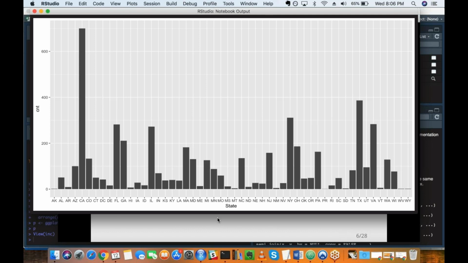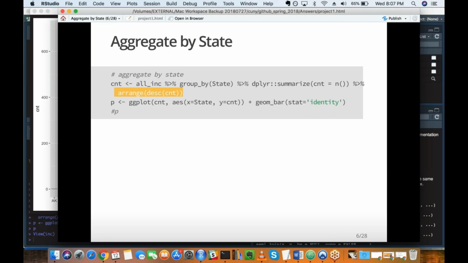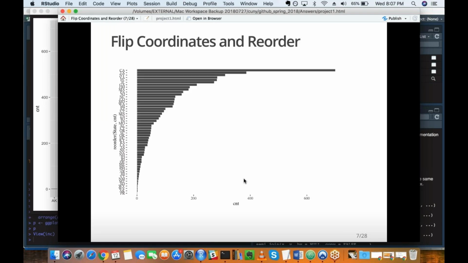So arranging it is one easy way to get that much more clarity in the visualization, as well as flipping the coordinates. We mentioned we're looking at a more vertically oriented screen.